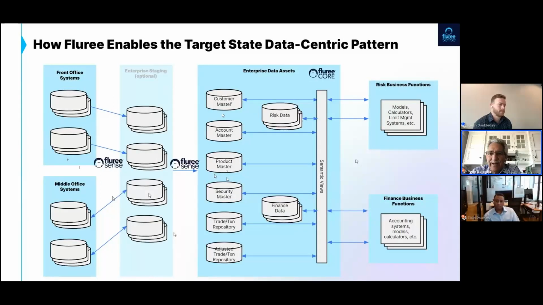And so what we're not suggesting here is there's a huge manual effort to create those similar semantic views. And again, to be clear, it's working off the same data, but it has the dialect of risk versus the dialect of finance.